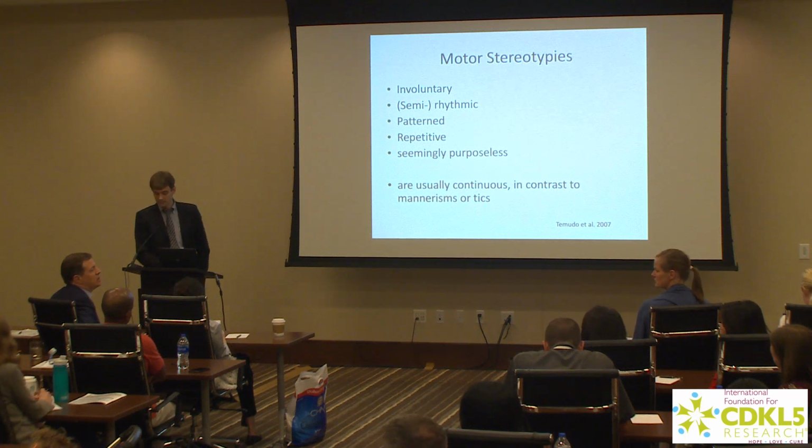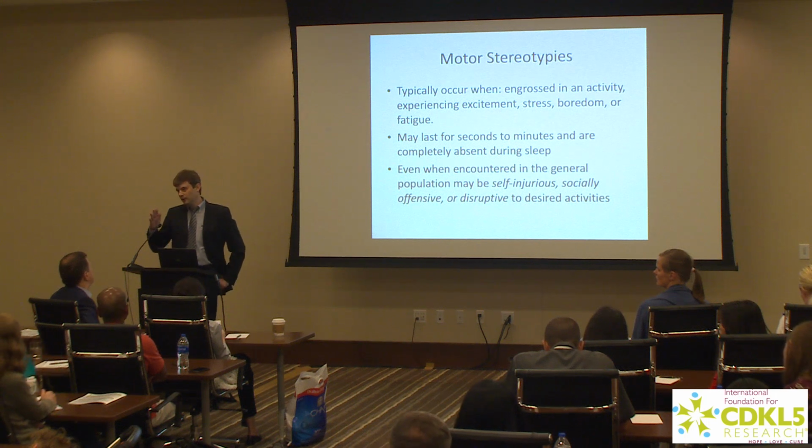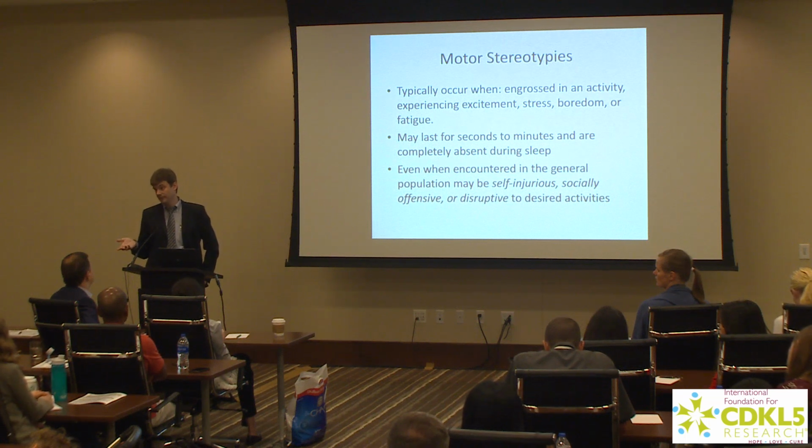Yes? What about biting? Not as an aggressive expression, but just kind of biting around skin. Yeah, that is on the borderline between potentially being stereotypical and sensory stimulation behavior.